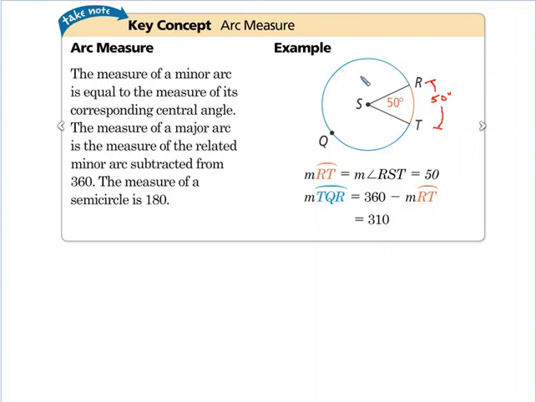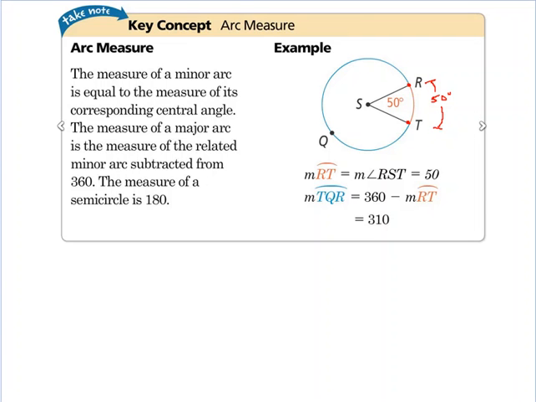The next way we're going to draw angles, and we'll introduce this on the next slide a little better, is to take that same 2 points, R and T, but instead take a couple of other straight lines and join them to a point that's on the other side of the circle somewhere.